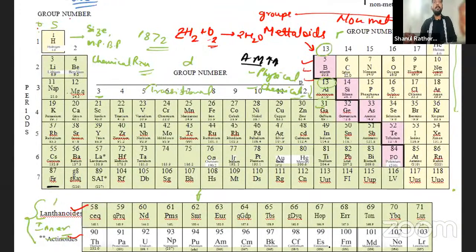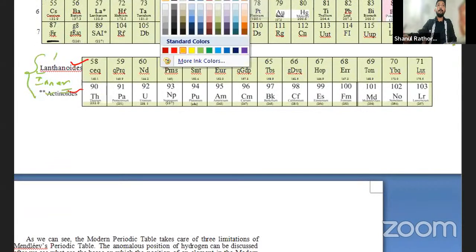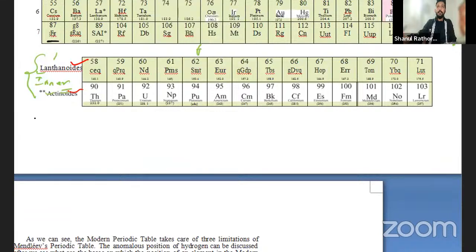So this is the very basic thing according to the periodic table. Okay, so let us recall all the things that we have learned today. As we go down the group, what are the properties that we should remember? Let me write the things so you can easily understand. I'm drawing this down the group.